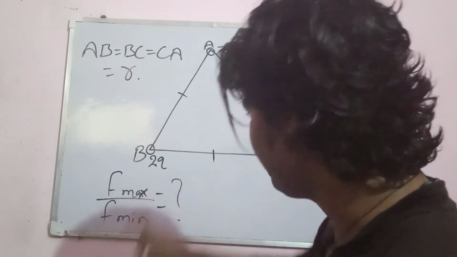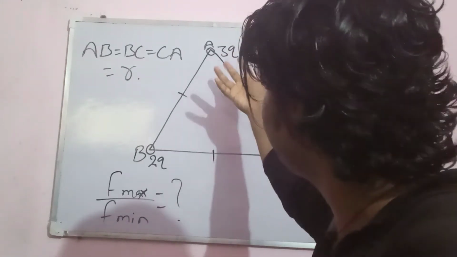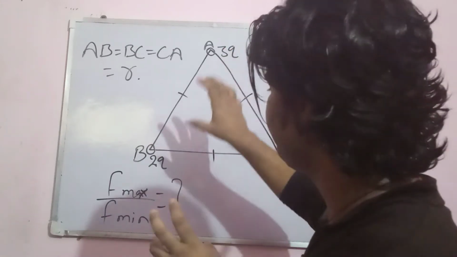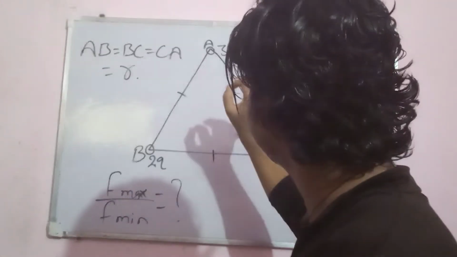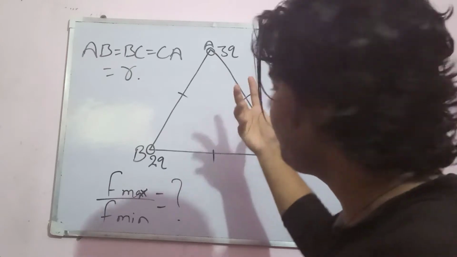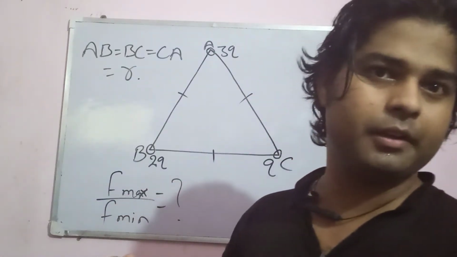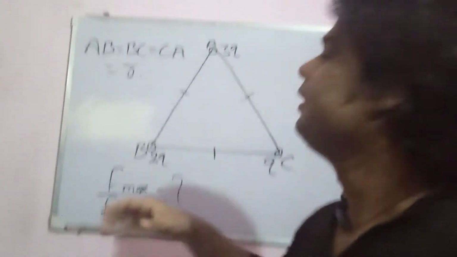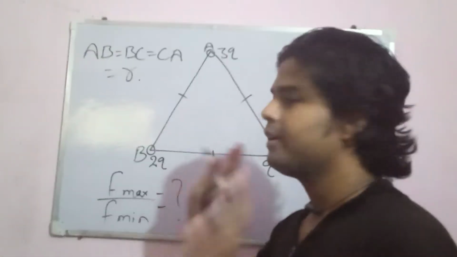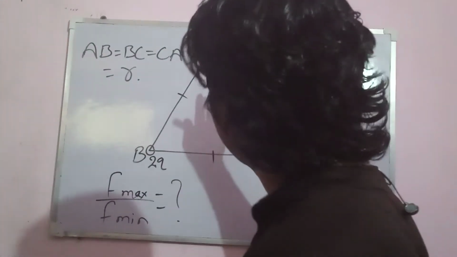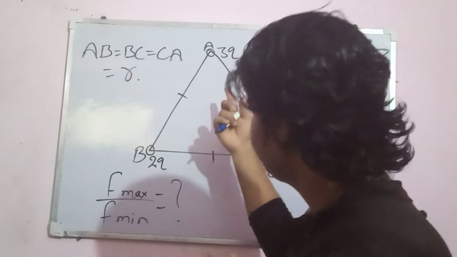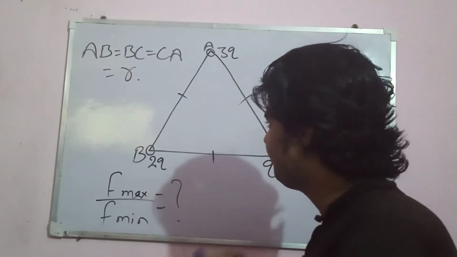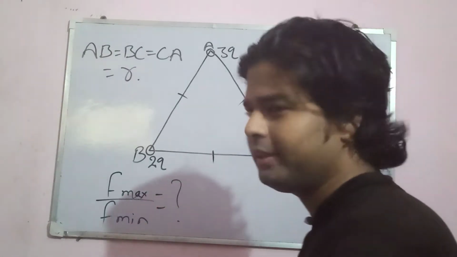Will it be minimum? And I have to take the ratio of the maximum force experienced by any charge to the minimum force experienced by any charge. That's the way to solve this question.